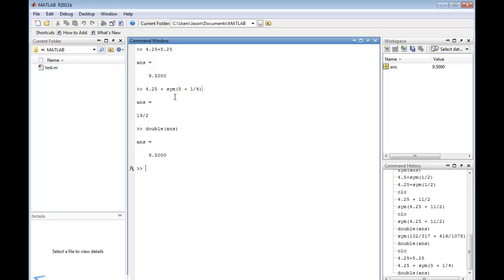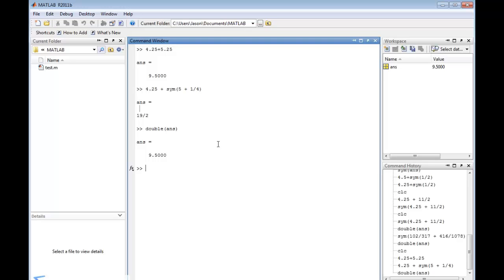But you're going to have to define them as symbols. As we go through the rest of the course, we're going to learn MATLAB from the point of view of this decimal representation, but I'm also going to teach you how to deal with the symbols so that you can get your pure algebraic answers as well, because you'll end up using both as you go forward.